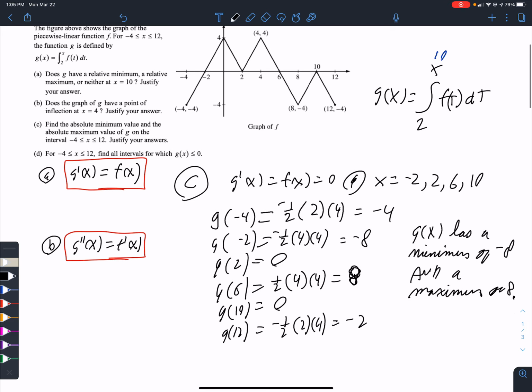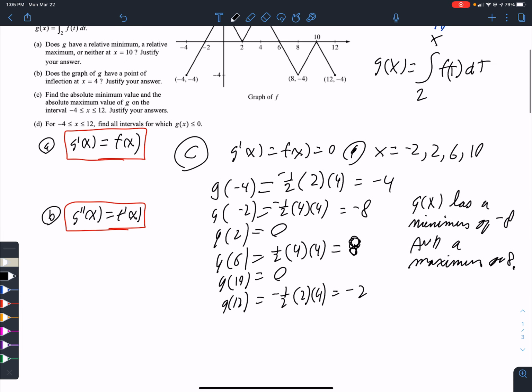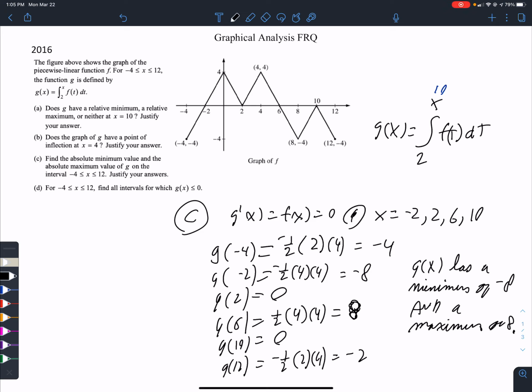All right, we have one more step, part D. Let me erase A and B. Give me some space over here to do the last part. D. We want to know when g is negative. This one, there's really not a lot of work to do. It's more of a thought process.